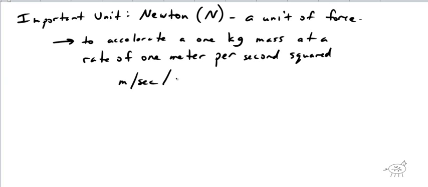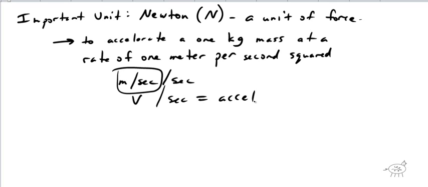So if it's change, it's meters per second per second. So again, this is velocity, and that's change in velocity per second, which is acceleration. Okay? So that's why it's meters per second, then squared. So that is what a Newton is. A Newton is a unit of force to accelerate a 1 kilogram mass at a rate of 1 meter per second squared. Okay? Just very important here.